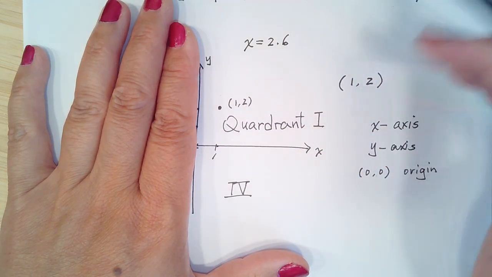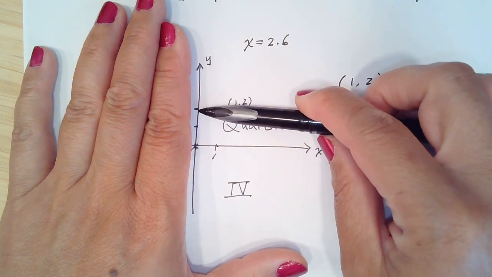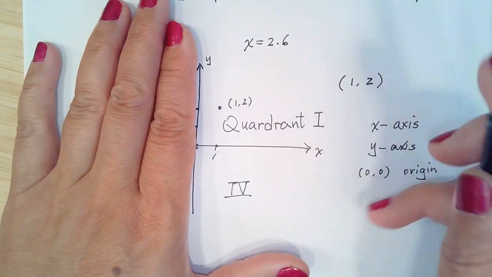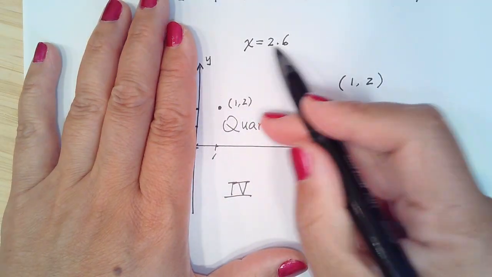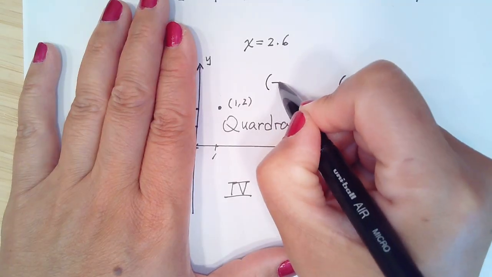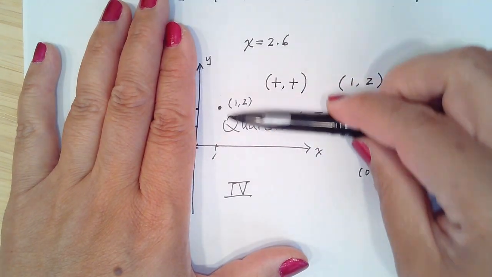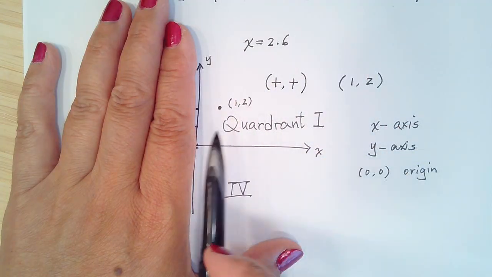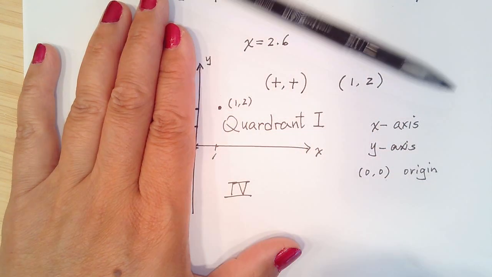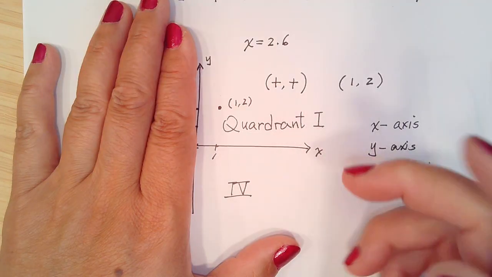If you look horizontally at where it reflects on the y-axis, that's 2. So for any point in this first quadrant, the paired number has to be positive, positive. Make sense? Because all the x-values are positive and all the y-values are positive. So any point in quadrant 1 has positive, positive coordinates.